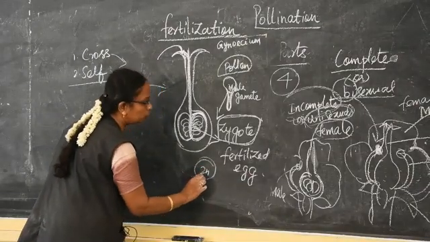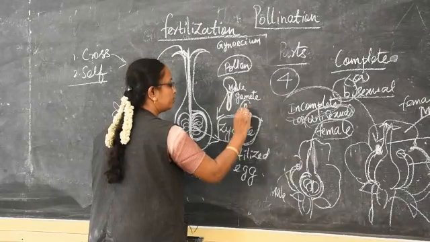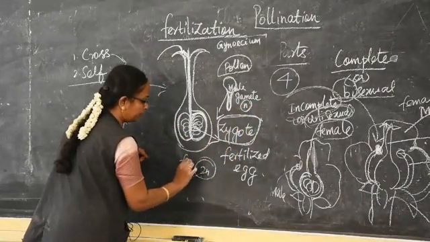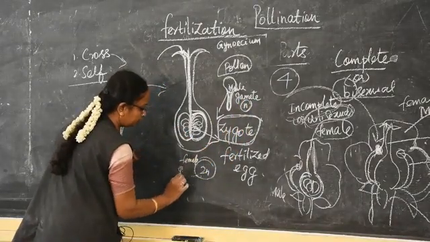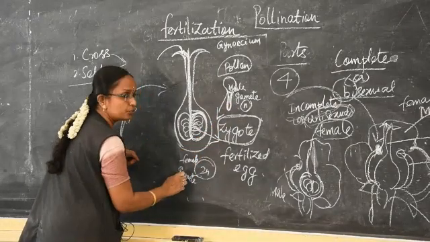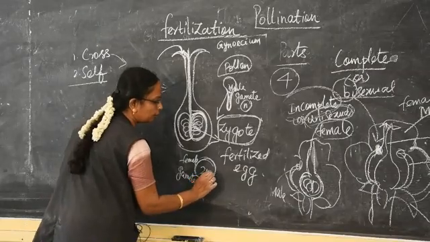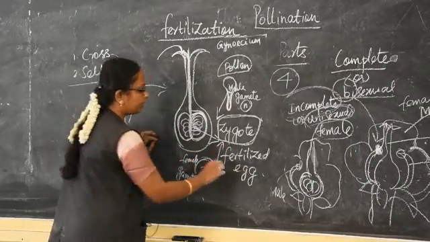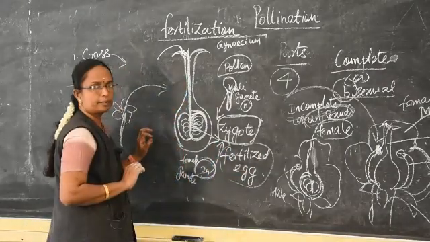It contains two nuclei. The male gamete carries one nucleus, the female gamete has one nucleus. So both male and female fuse together to form 2N, two nuclei, that is the zygote. The zygote is known as the fertilized egg.